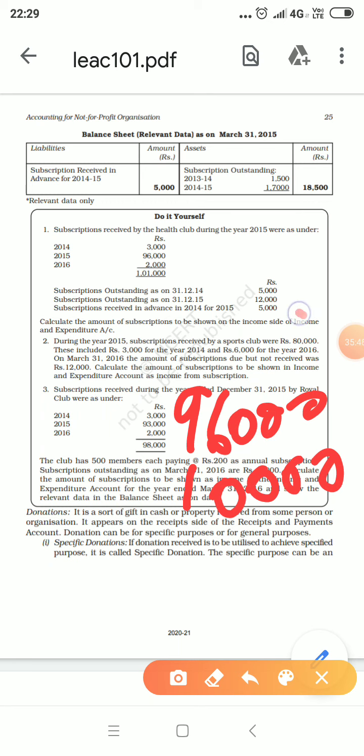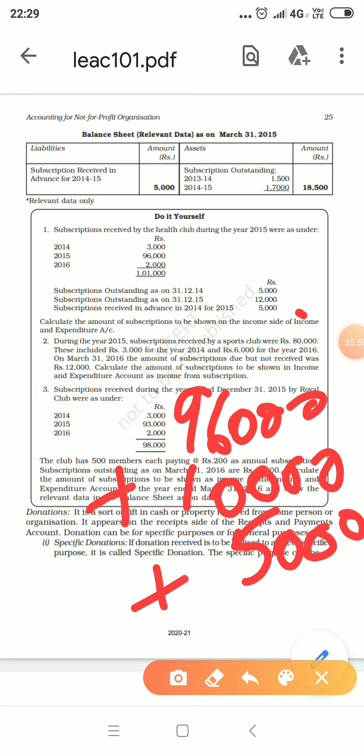It is mentioned here: subscription received in advance in 2014 for 2015. So 5,000 we have to add. That's it. You will get your answer. 96,000 plus 10,000 plus 5,000 is your answer. Okay. It is 1,11,000.